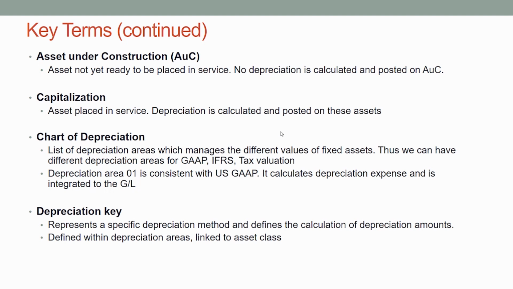But for the Companies Act or statutory purposes, depreciation will be calculated on another method called the straight line method. So the asset value is different in these two cases. For this, we have one chart of depreciation for the Companies Act, which will have the asset value as per the straight line method, and another chart of depreciation for taxation purposes, which has the asset value as per the reducing balance method.